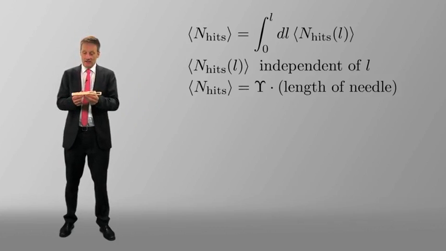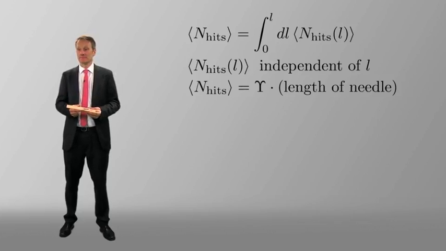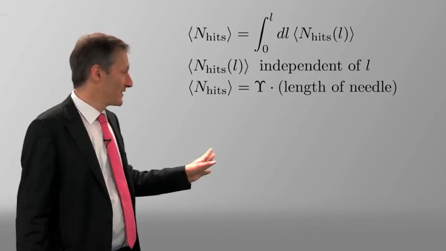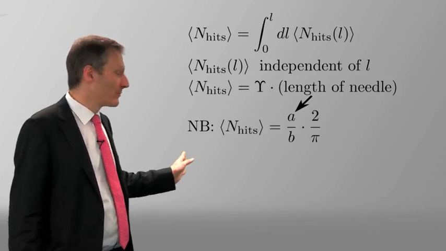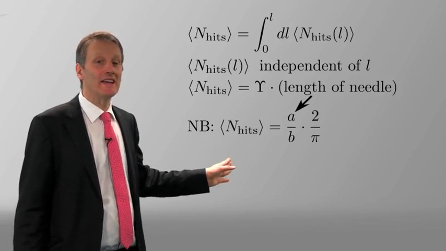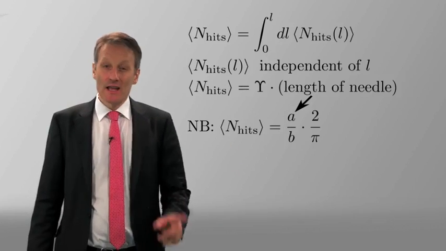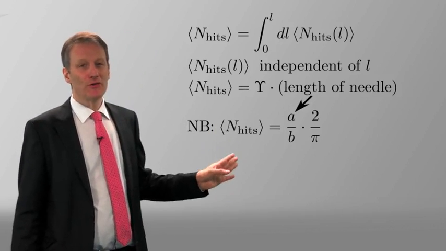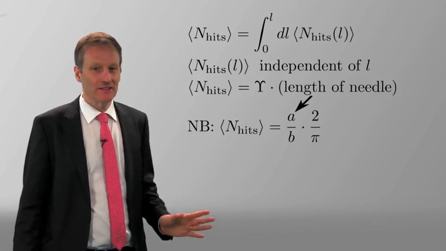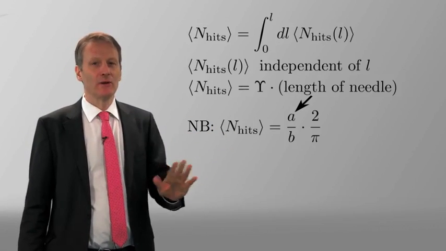So the gadget that we had before, of length 3/2, has 3/2 as many hits as the original needle. And this we already saw in our starting calculation, because the number of hits was proportional to A, the length of the needle.